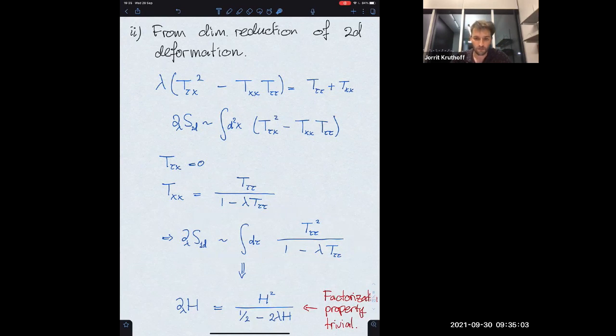And so this flow of the Hamiltonian has a sort of peculiar form, but when written in terms of the Hamiltonian, this factorization property is just trivial. You get it for free. So in that way, you can think of this comment I made earlier, that you can do any of these deformations and the factorization property just comes for free in this case.